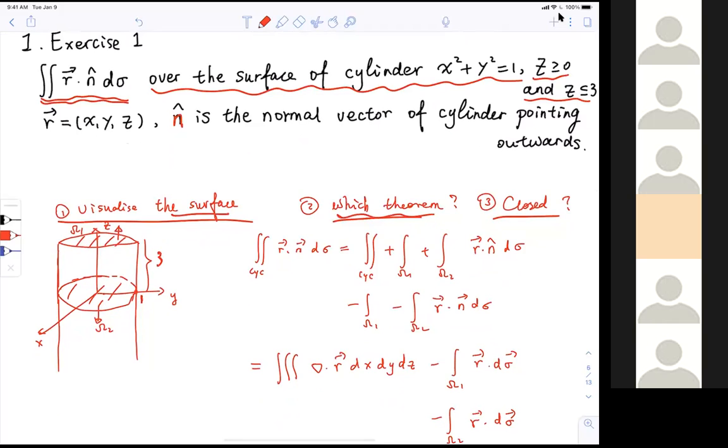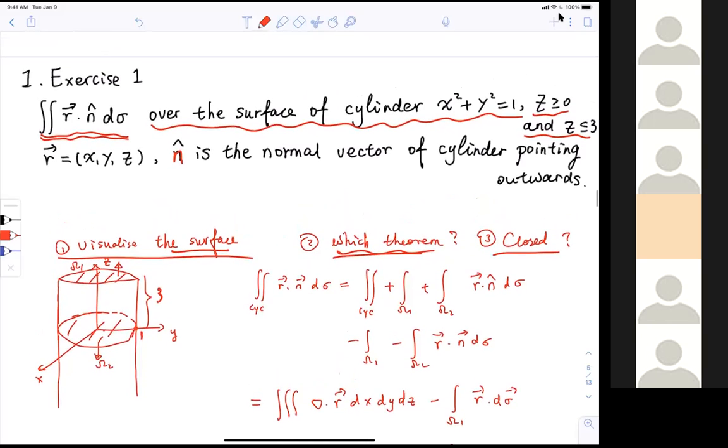Which theorem we need to use in this case is the divergence theorem, right? Because we have a surface integral and we can convert it to a volume integral. The reason why we want to convert it to a volume integral is because we notice that the divergence of r is a constant, so it should help us simplify our calculation.